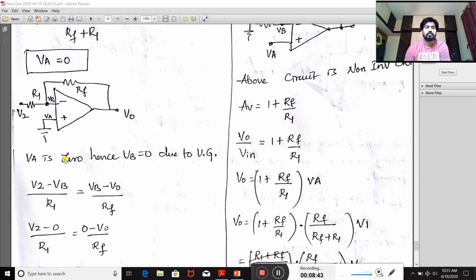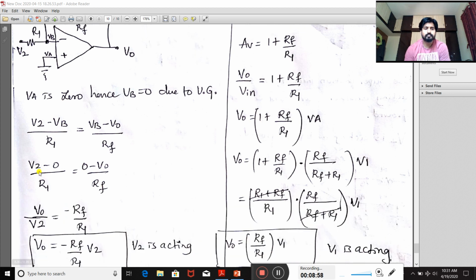As you know, VB is 0, substitute the value. That becomes V2 minus 0 divided by R1, that is equal to 0 minus V0 divided by RF. Now the expression becomes: take this V2 to this side and this RF and negative to this side.